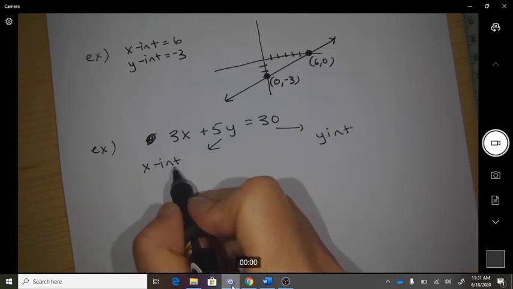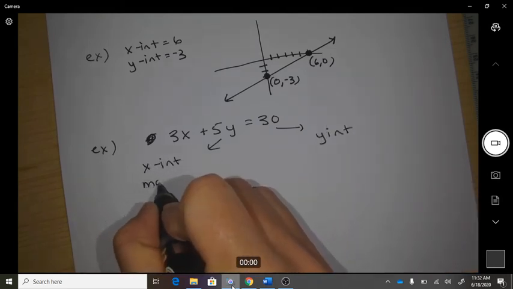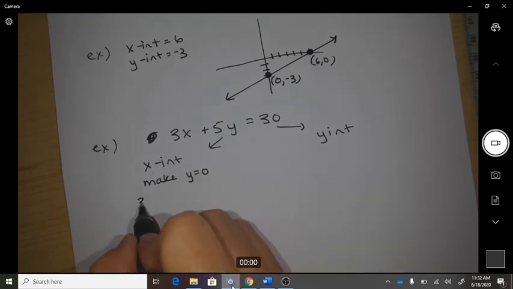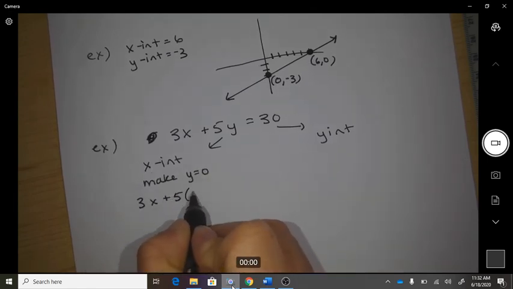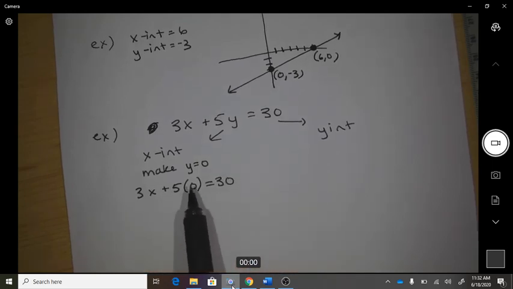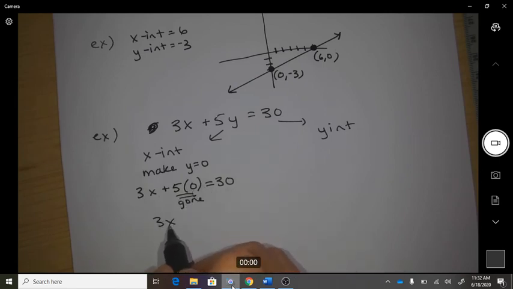If I'm doing an x-intercept, that would mean I'm making y be 0. So 3x plus 5 times 0 equals 30. And so technically this would be gone, right? It's just 0. So 3x equals 30, so therefore x equals 10.